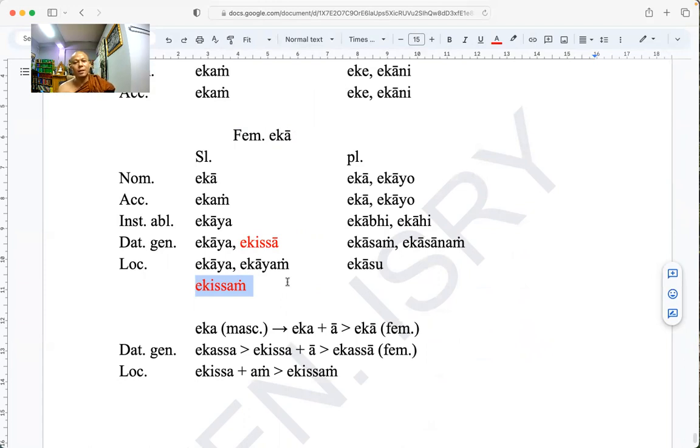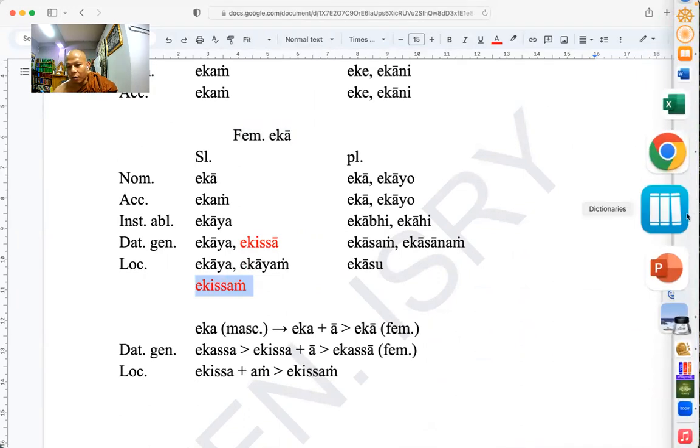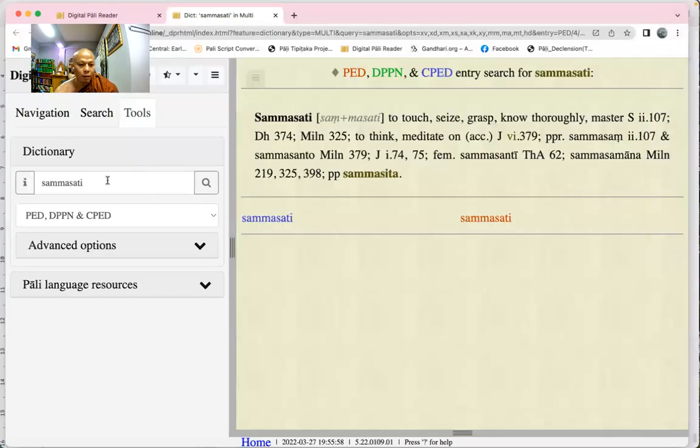That is the same as inyesa. Maybe in the dictionary we can see inya.